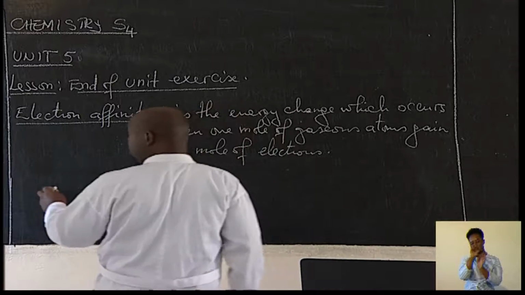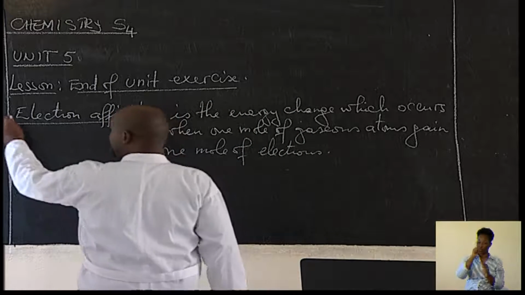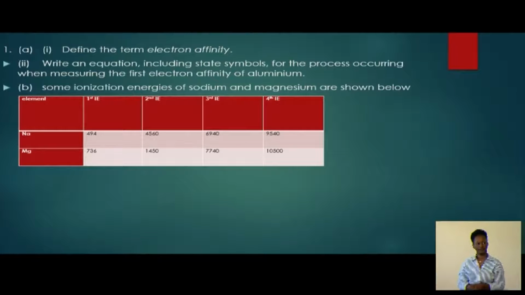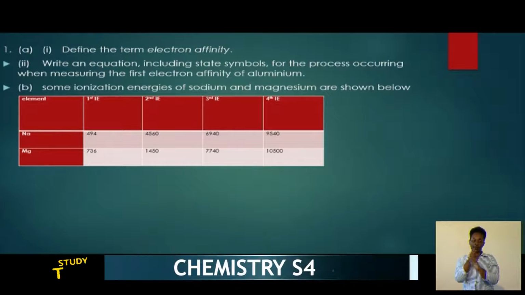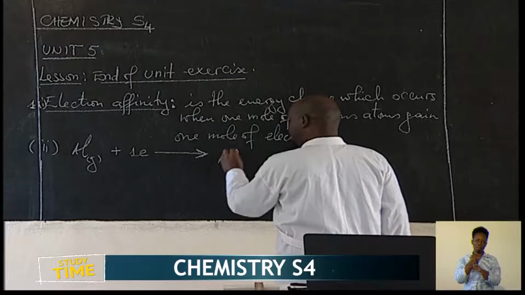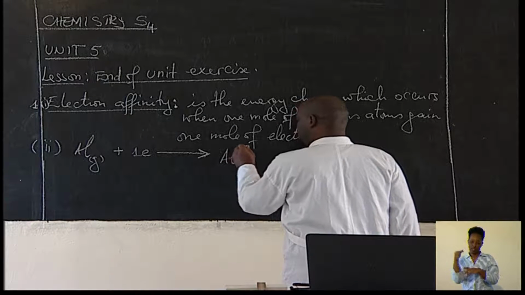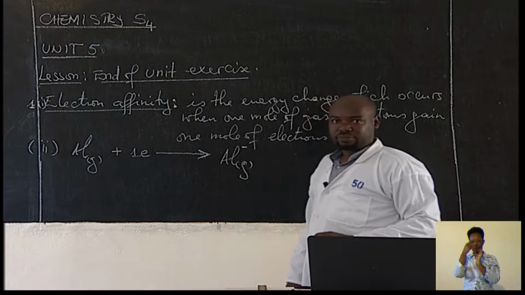So the equation is: we have aluminium, which must be in the gaseous state, plus 1 electron. Remember, the electron affinity is the energy change when an atom gains. So it is gaining 1 electron, and we get aluminium gaseous negative, 1 negative. That is the equation.